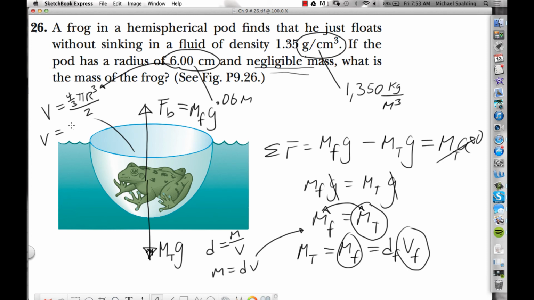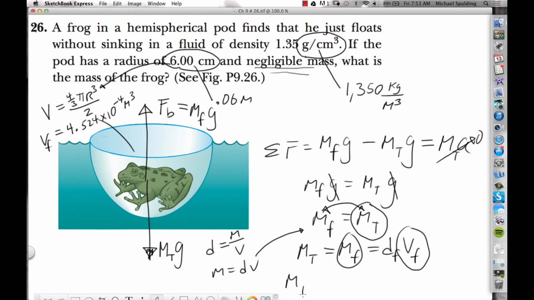When you punch that into your calculator, the volume of half the sphere is 4.524 times 10 to the negative 4 cubic meters. That's the volume of the fluid displaced, right? The volume of the displaced fluid equals the volume of the object submerged.